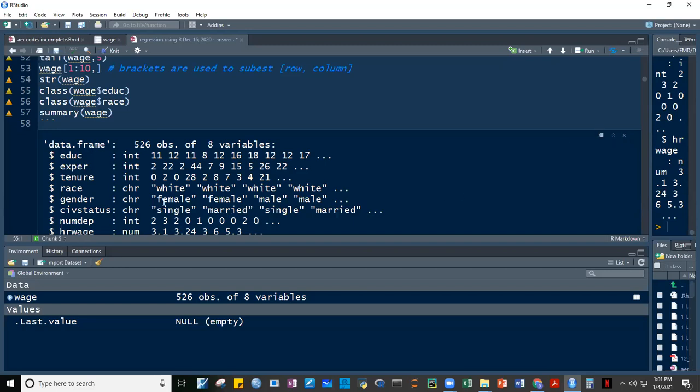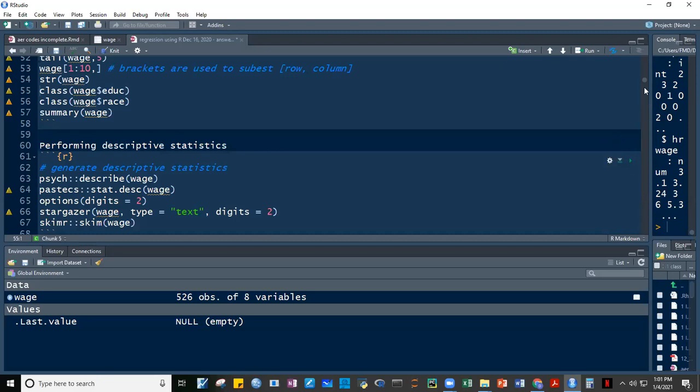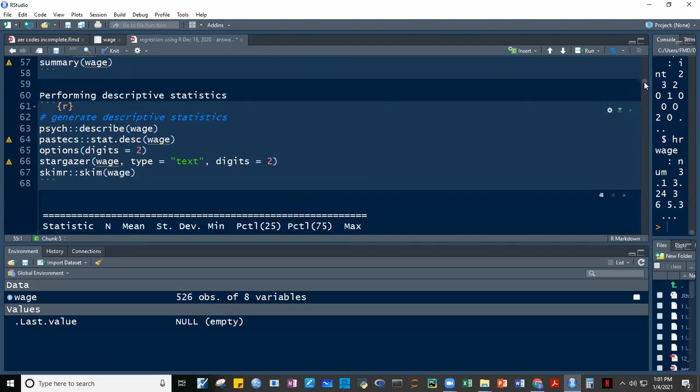Female at saka male, ang gagawin niya ditong 0 si female. Okay, so yun ang default ni R, which of course we can change kung gusto natin gawin ng isang factor yun ang benchmark natin. Okay, so let's continue, guys.